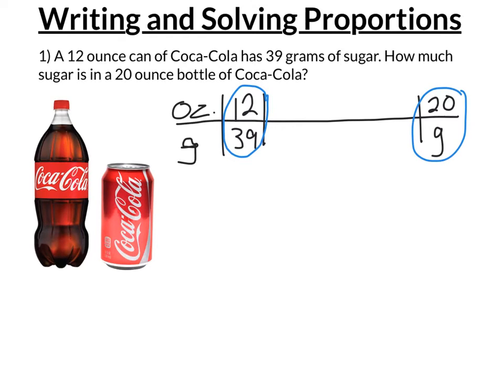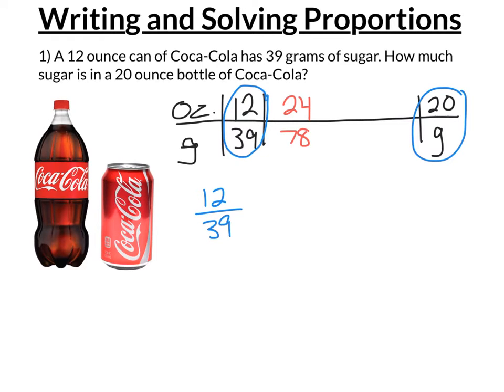And we know one of our properties of proportional relationships is that the ratio always has to be the same. If I multiplied 12 and 39 by 2 and got 24 and 78, even though these numbers are bigger, the ratio is still the same. So what we could do is write that expression out.